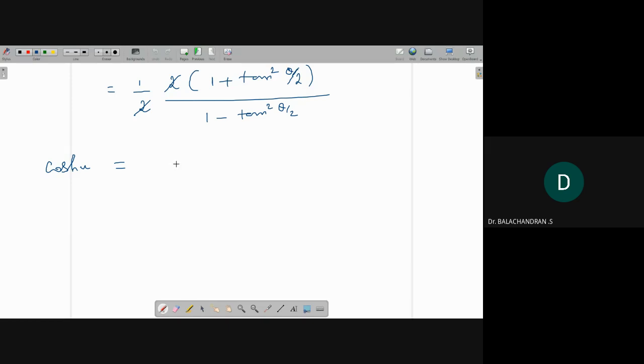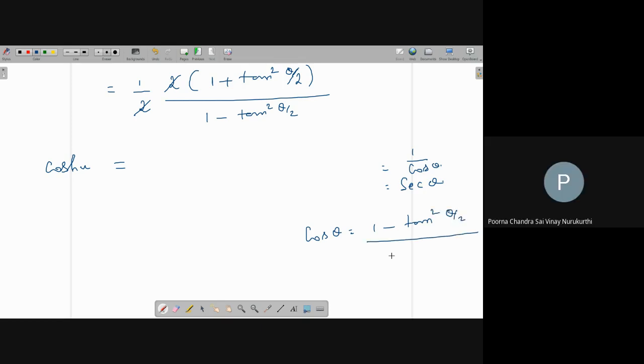So that means I need to prove this is secant theta, so this should be 1 by cos theta. So please check what is cos theta in terms of tan theta formula: 1 minus tan square theta by 2 divided by 1 plus tan square theta by 2.